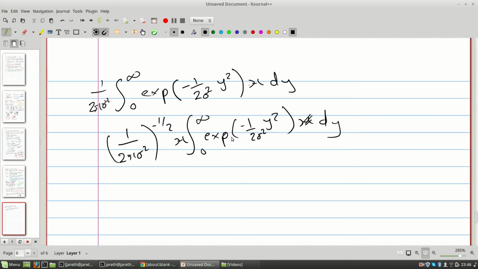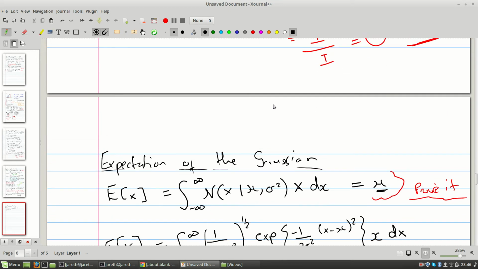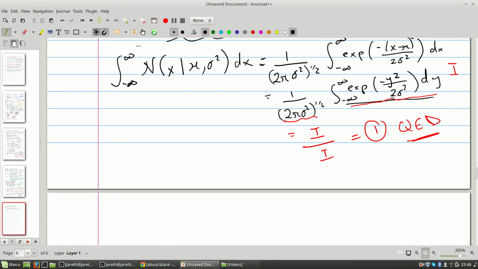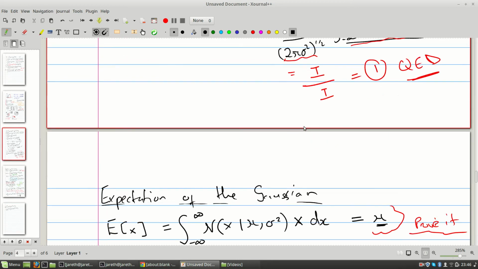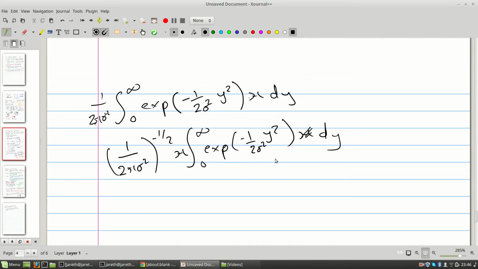So now we're left with evaluating these two things, but we already did that before. We say that this, which is essentially the same thing we're looking at down there, is I, and this is also I. So we have another I over I multiplied by mu.